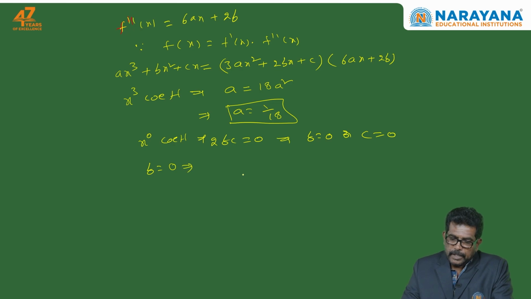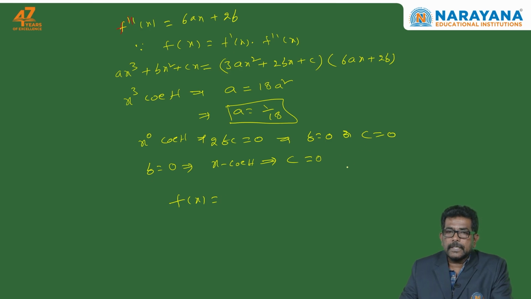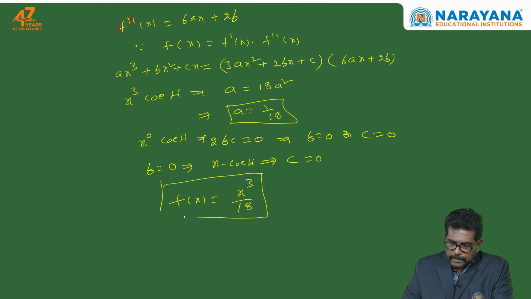By substituting b is equal to 0 and comparing the x coefficients, c is equal to 0. Hence the polynomial becomes ax cube, that is, x cube by 18. This is f of x.